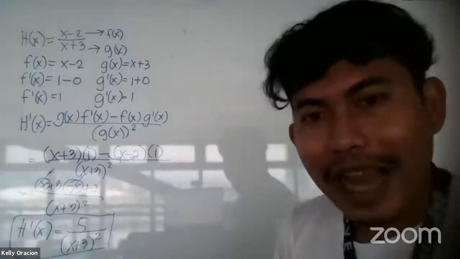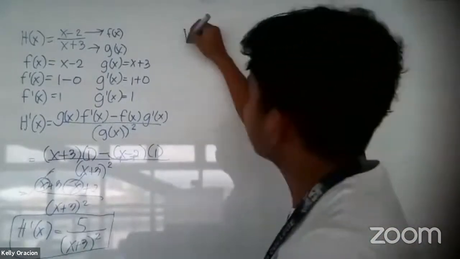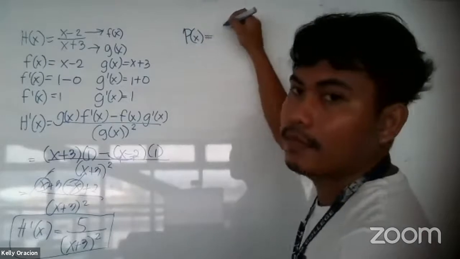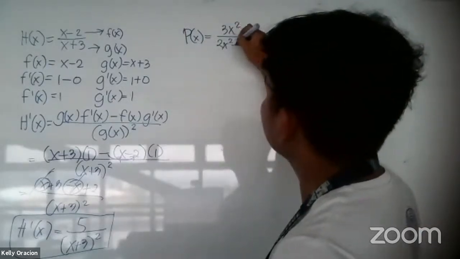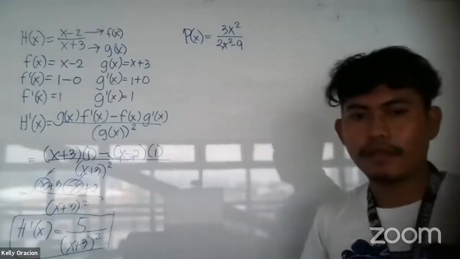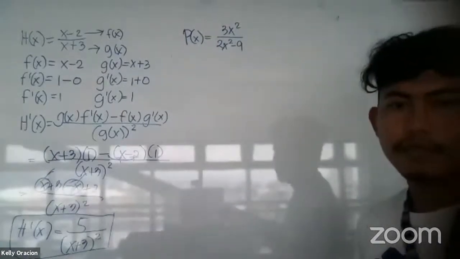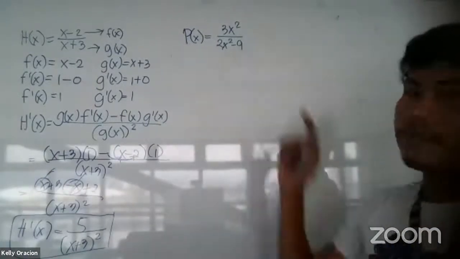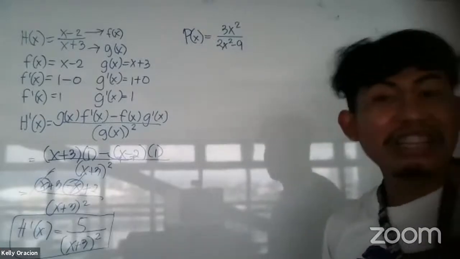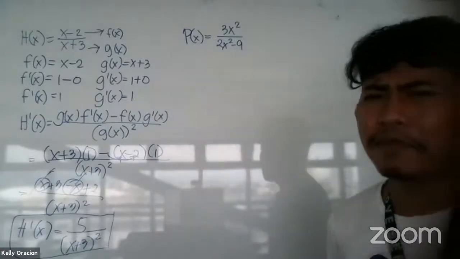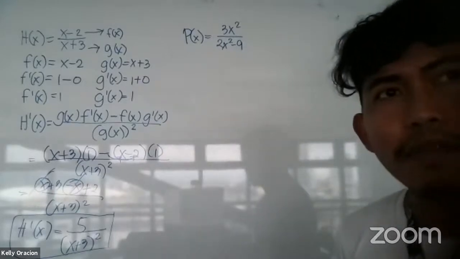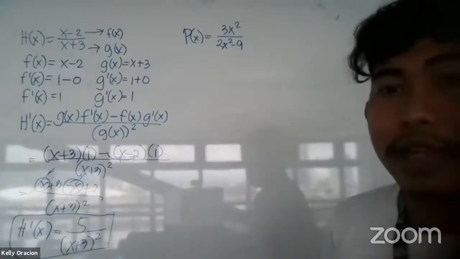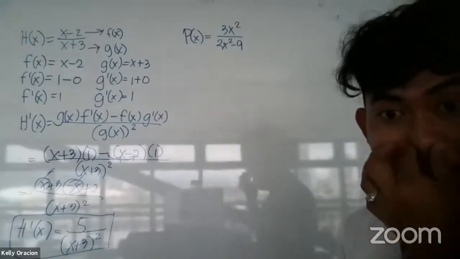So, let's have our last example. Ito. So, kani siya, dili na siya ma-simplify class. Kasi, to tell you, lisod siya i-simplify once ang denominator kay binomial.